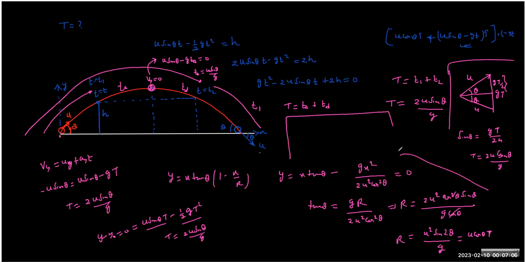Or you can use a displacement triangle. ut. This is theta, right? Yes, 90. So again, sin theta goes to opposite upon hypotenuse, that is, by ut, and all will give the same answer.